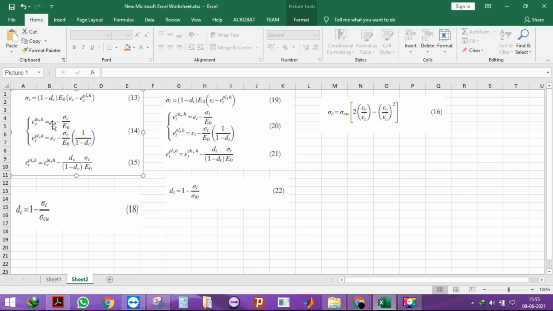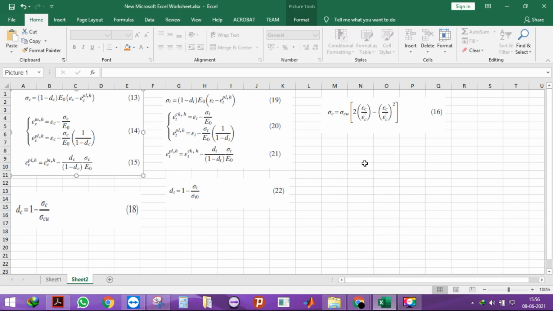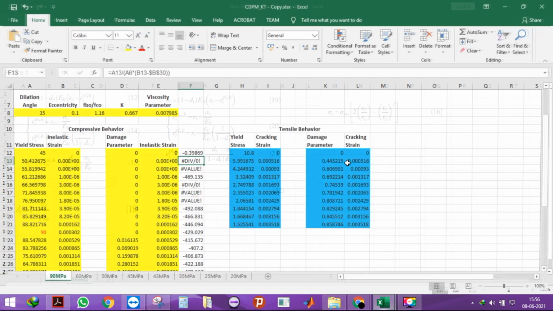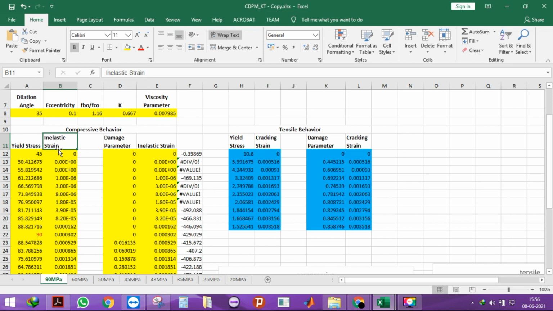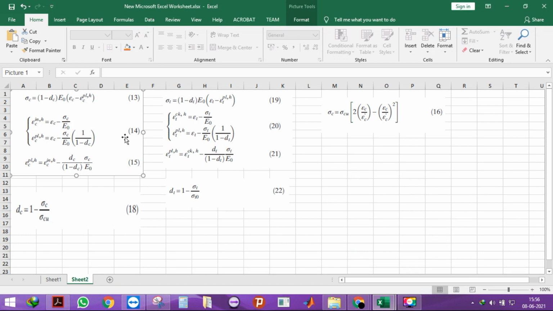By entering in ABAQUS, you enter the values like yield stress, inelastic strain. So that value, if I want to show you, I have some values. So this is the inelastic strain. This inelastic strain we calculate using this formula, equation number 14, epsilon c raised to the power in comma h equal to epsilon c minus sigma c upon e naught.